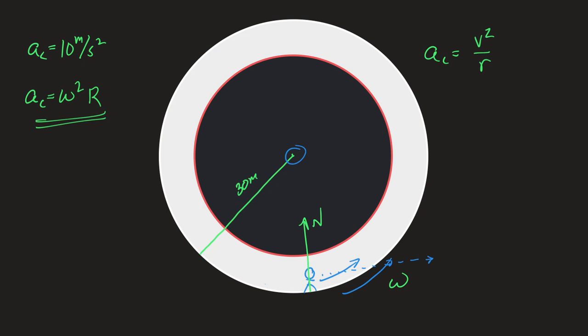Him running inside the space station is going to affect the speed of the space station. And this one is super easy to understand. If he pushes himself forwards, Newton's third law says he pushes the space station backwards. So for him to be pushed this way, his force on the space station is going to be that way. That will slow the space station down.